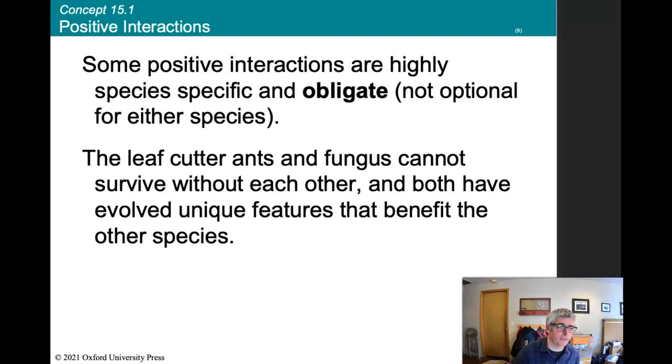More specifically, an obligate mutualistic interaction where both species are benefiting. The leafcutter ant doesn't have the fungus, it can't survive, and the fungus only exists with the leafcutter ant. So without leafcutter ants, that fungus cannot survive. And so in that case, it's an obligate interaction.